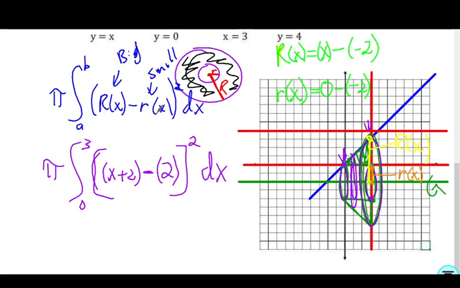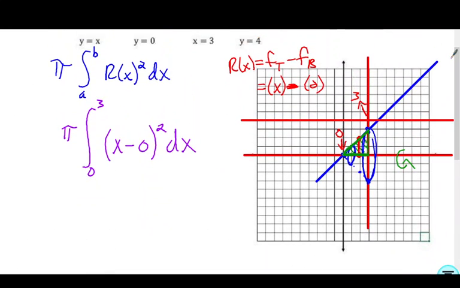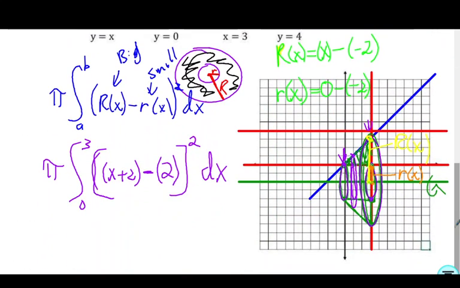The only difference is that in the first one, we only have to worry about one radius because it's completely full in there. But in this one, we're basically taking this whole solid from here to here and then backing out this piece from here to here, just like we did here. That's the only difference. So we're basically doing the same thing, except it's got a hole in it.